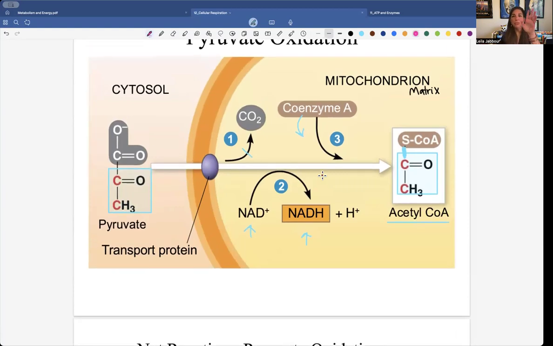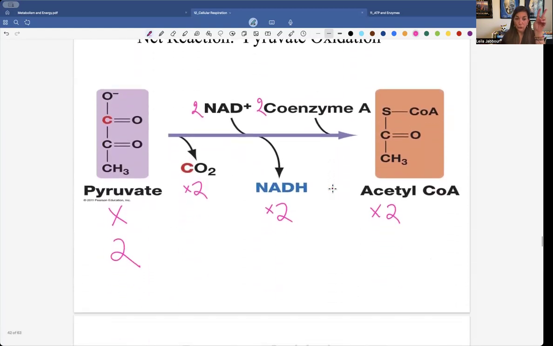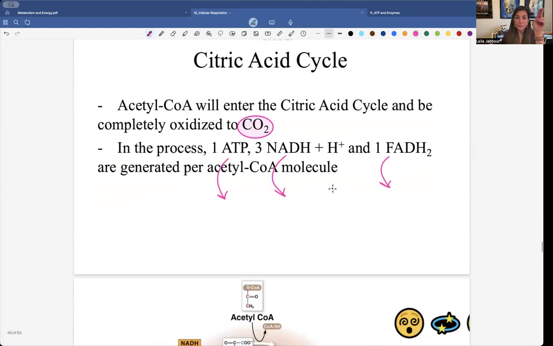No, there's no ATP during pyruvate oxidation. Sorry about that. So two during glycolysis, and one more during the citric acid cycle. Okay, so three. So it's not such a big deal.